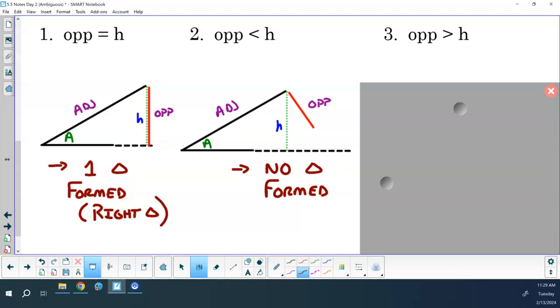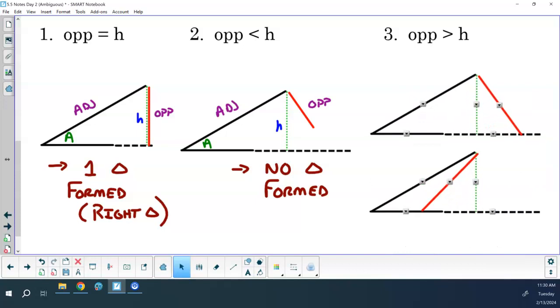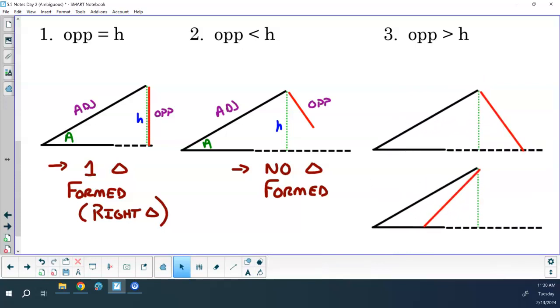But if that opposite side is longer than the height, I get two triangles formed. I get a larger one out here, but then this side can swing back and it can touch over on the inside of that other one.